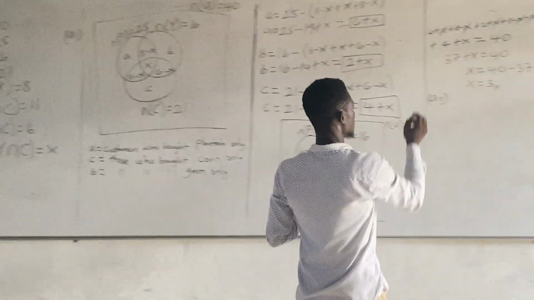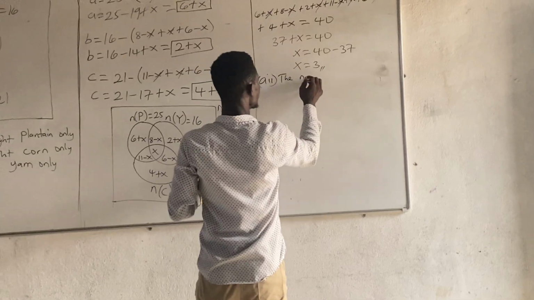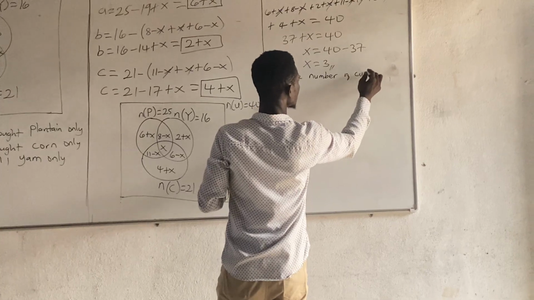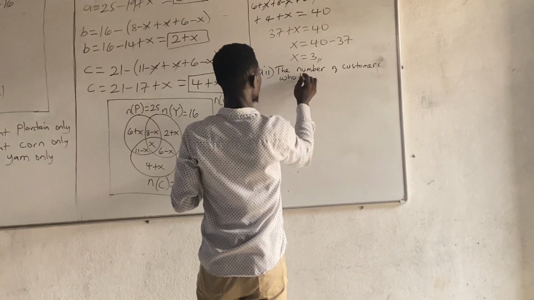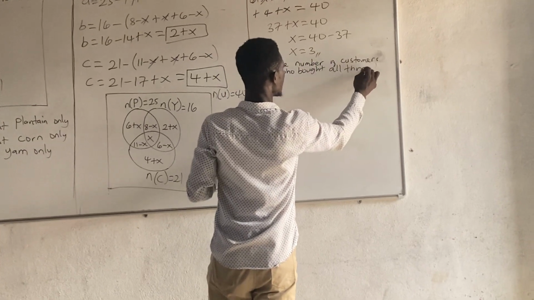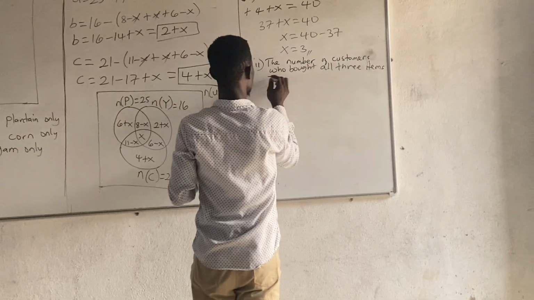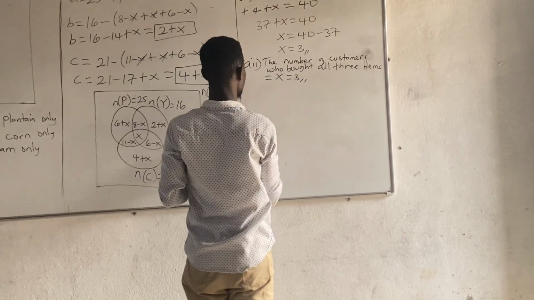So say the number of customers who bought all 3 items equal x equal to 3. So this is the answer for that.